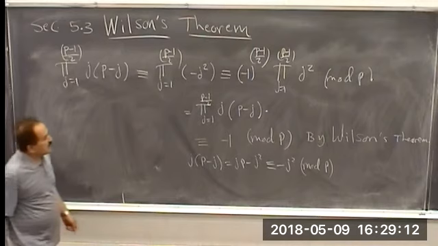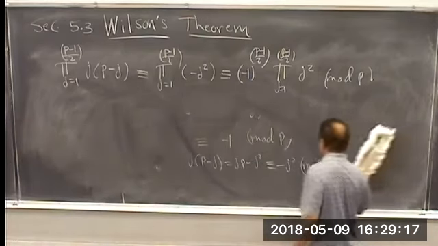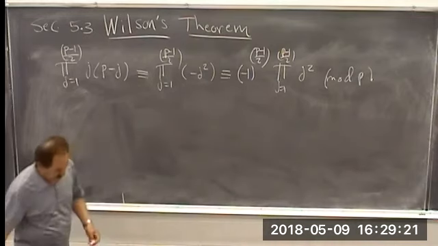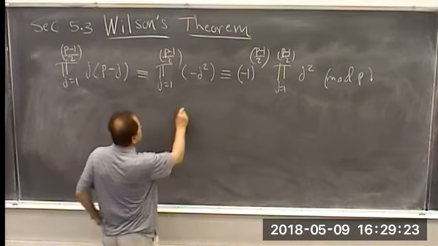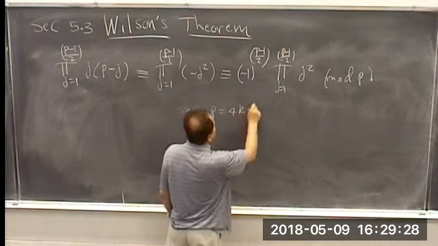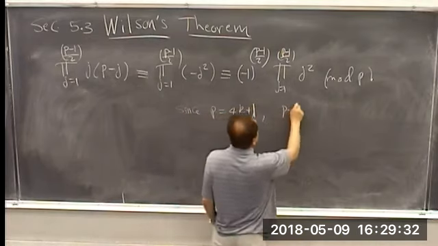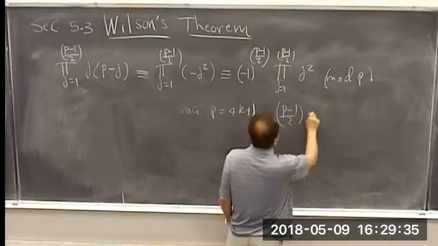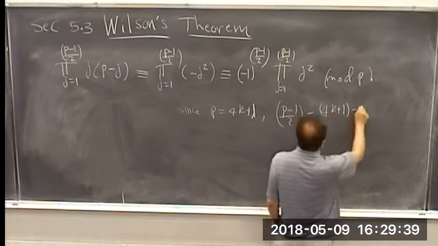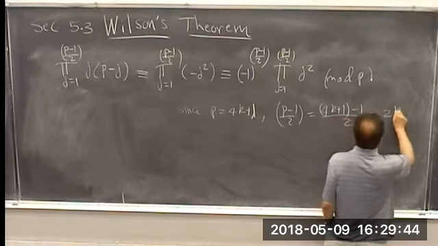All right, now because of the prime p, since p is equal to 4k plus 1, then we have that (p minus 1) over 2 is (4k plus 1 minus 1) over 2, that's going to be 2k.